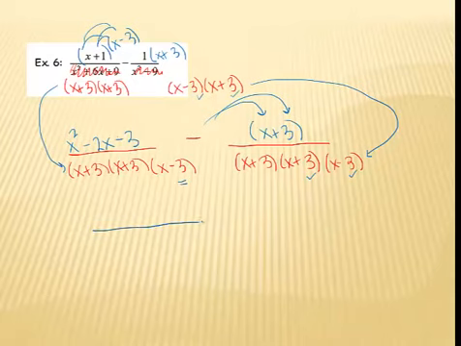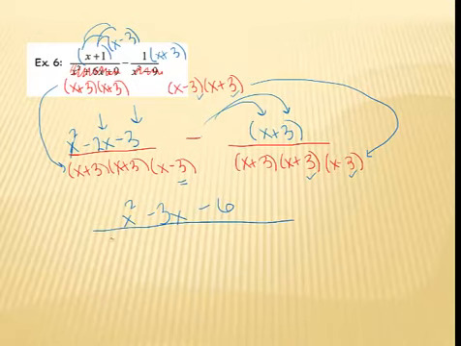So now we're going to join them into one fraction. You have an x squared here. You have negative 2x minus x, which gives me negative 3x. Negative 3 minus 3, which will give me actually negative 6, over that common denominator.